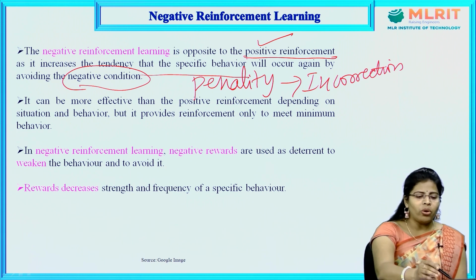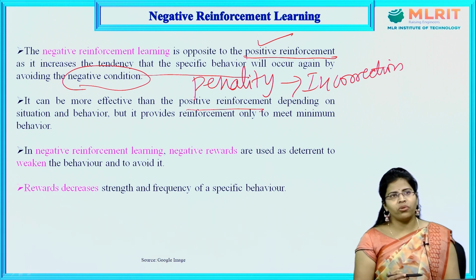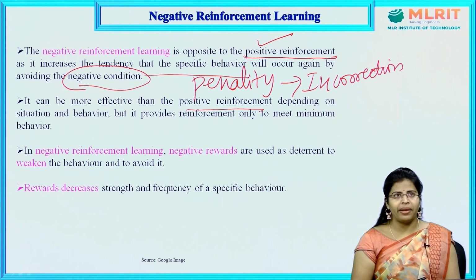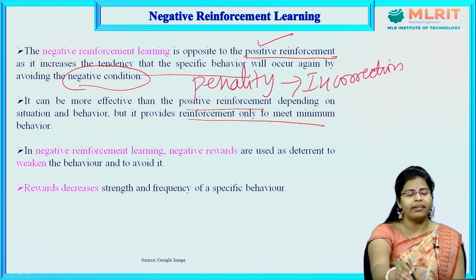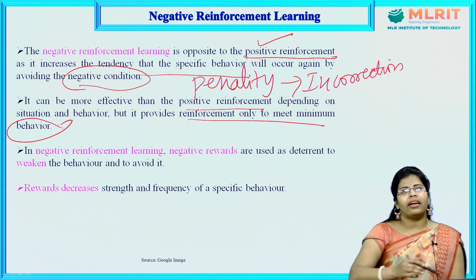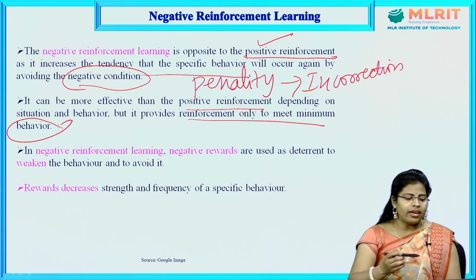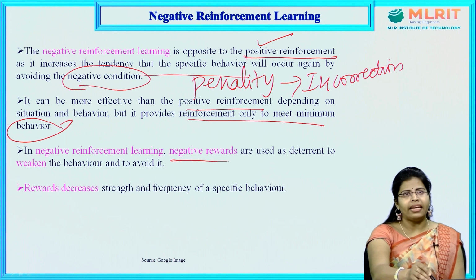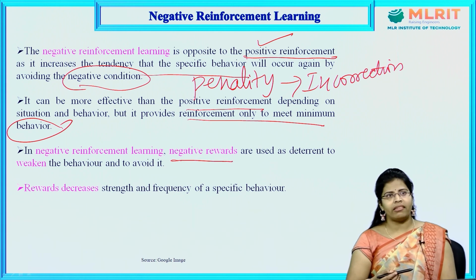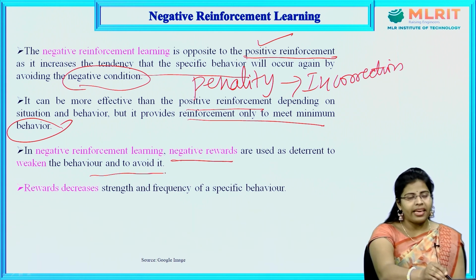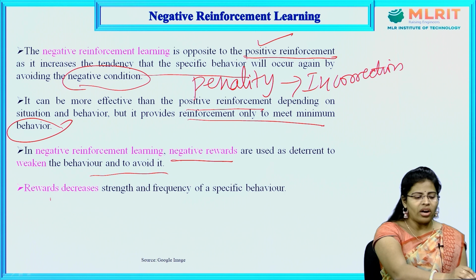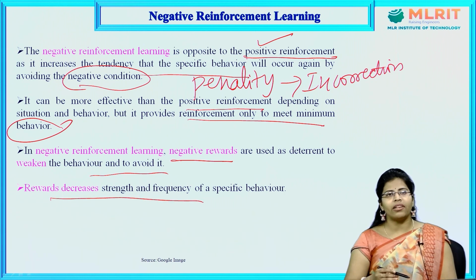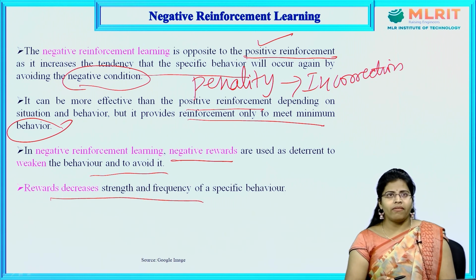It can be more effective than positive reinforcement depending on the situation and behavior, but it provides reinforcement only to meet the minimum behavior. That means negative feedback. In negative reinforcement learning, negative rewards are used as a deterrent to weaken the behavior and also to avoid it. That means here rewards decrease the strength and frequency of a specific behavior.